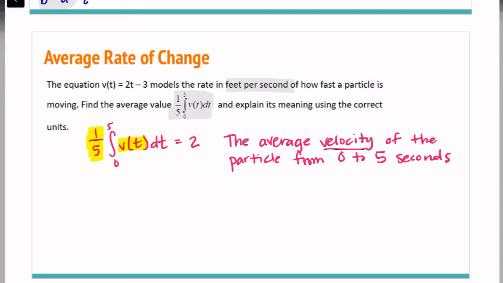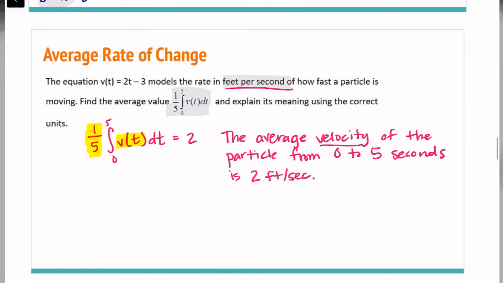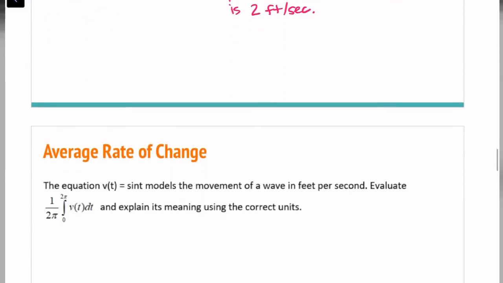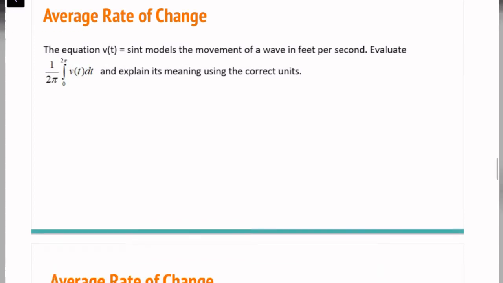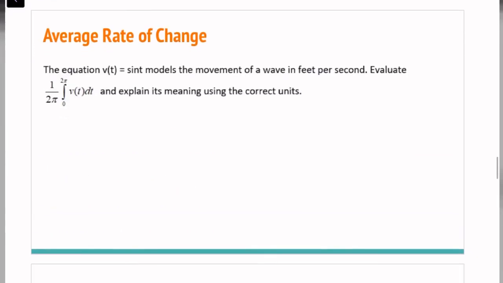So the average velocity of the particle from 0 to 5 seconds is 2 feet per second. Okay, units have to match up. All right. Same thing here, okay? Feet per second, we're doing the average rate of change here.